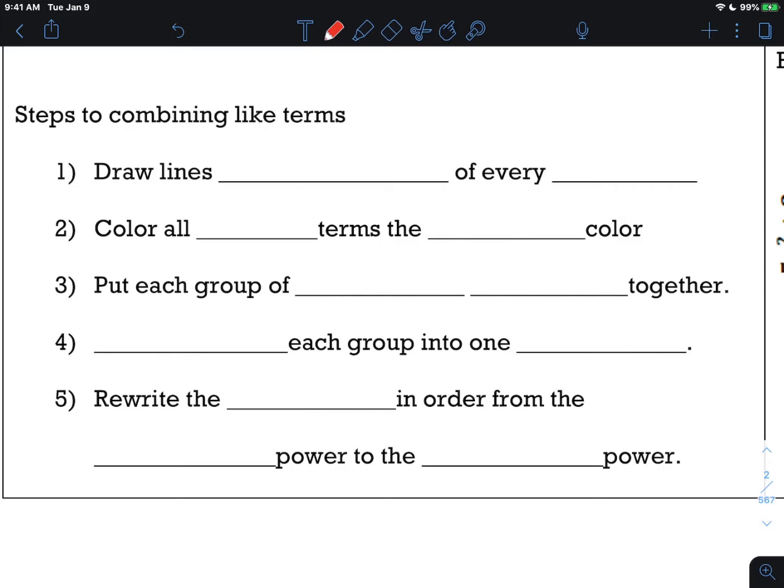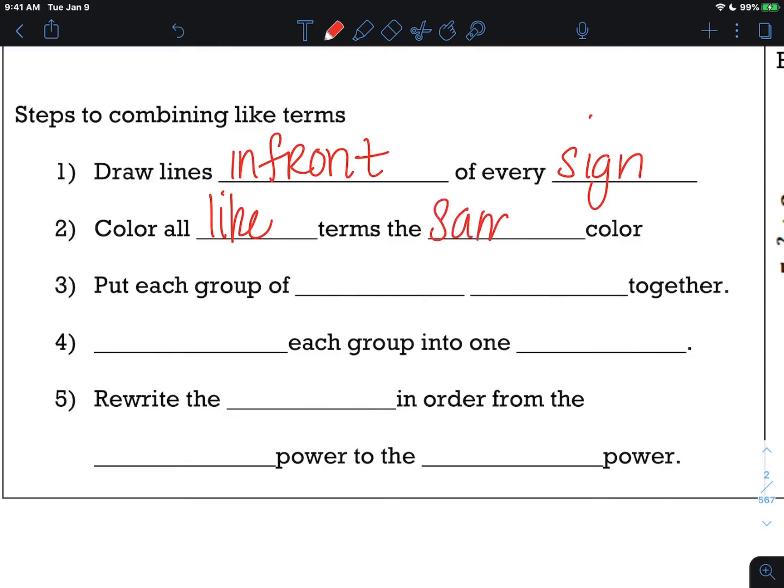Some steps that people like to follow: you can draw a line in front of every sign. If it has a plus in front of it, that plus stays with that term. If it has a minus, it stays with that term. We can color all like terms the same color, and I like to use shapes instead because sometimes you don't have the ability to do that.